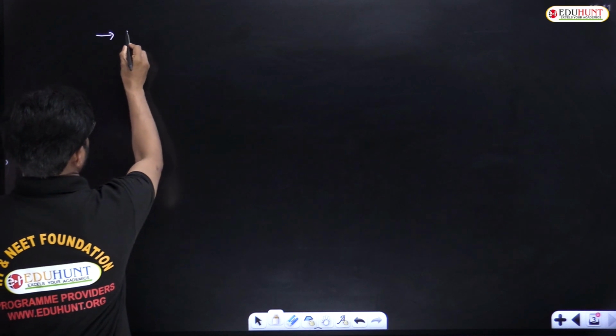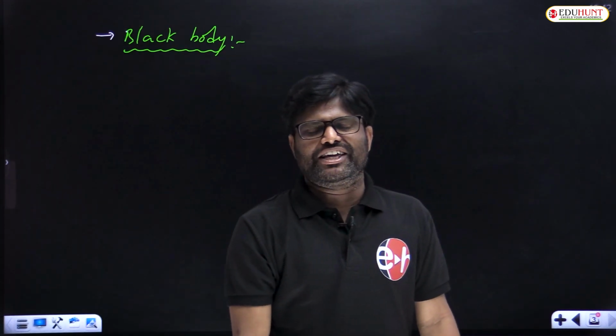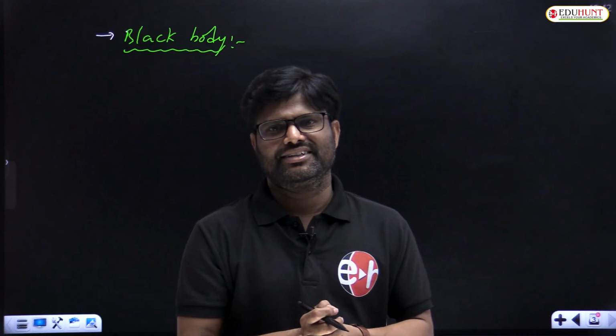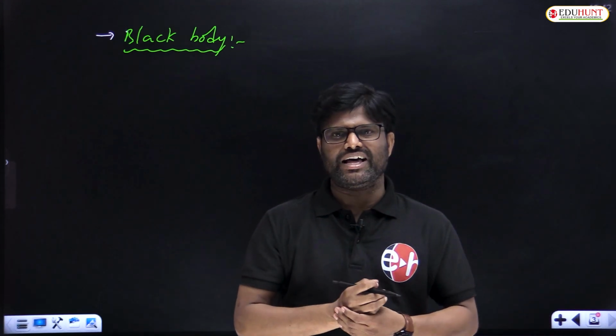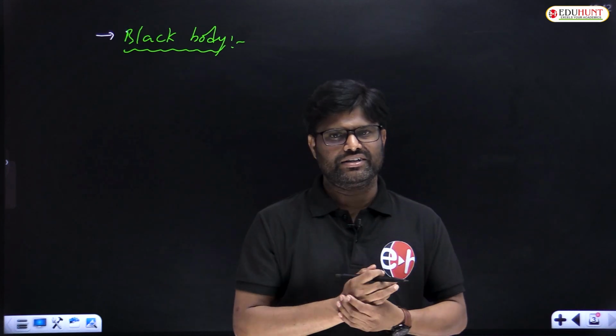Black body. Children, let us discuss the black body. So what is a black body? A black body is a completely absorber and completely emitter.